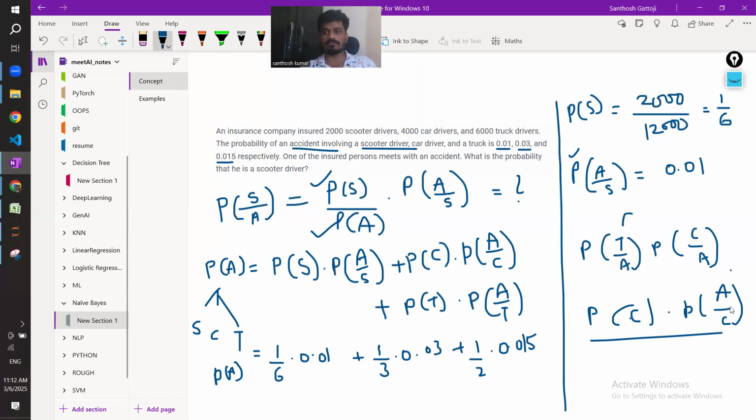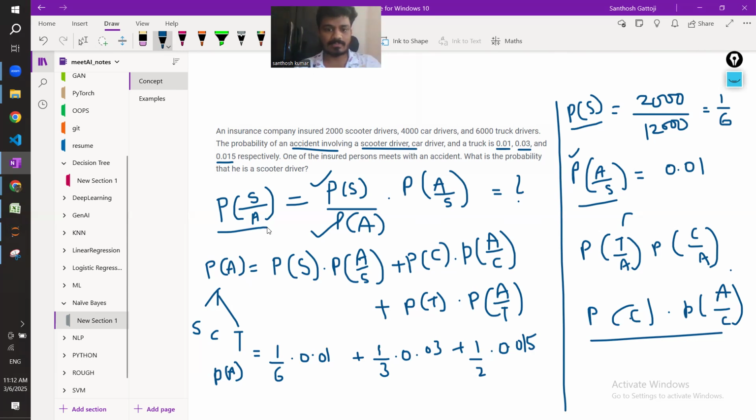Now I think we have some basic idea of what conditional probability is. These are all conditional probabilities. If you see, the probability of being a scooter is independent. Picking a scooter or car or truck is an independent event, so there is no condition. But A by S is dependent: already it is a scooter, then what is the probability of accident? This is also dependent: already it is an accident, what is the probability he is a scooter driver?